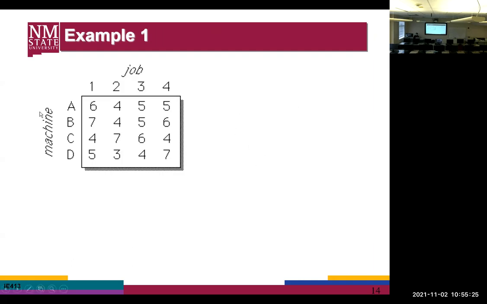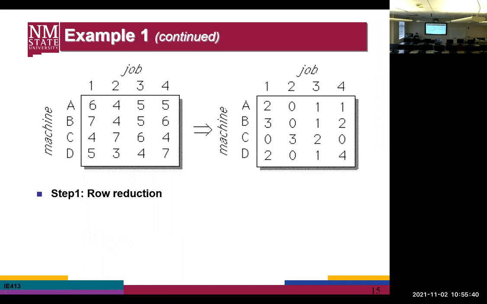Obviously, they have the same number of rows and columns, so you don't need to do step number 0. It's already a standardized cost matrix. So it's safe to move to the next step, which is row reduction.